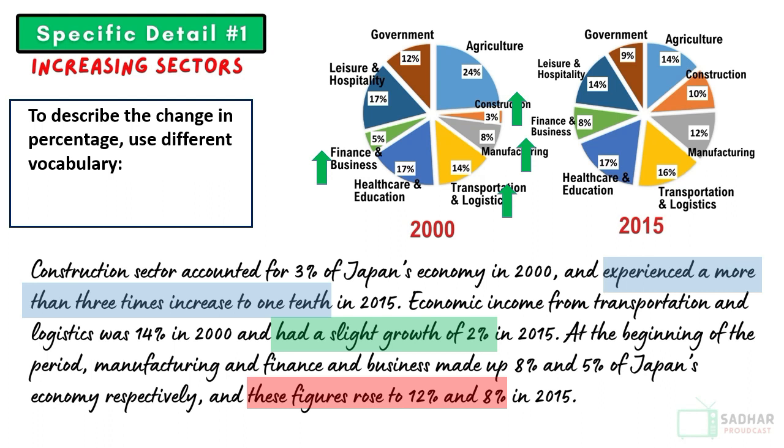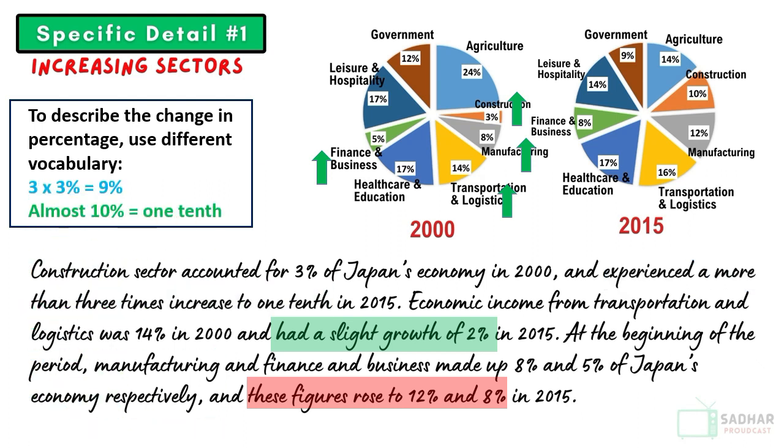For this expression, experienced a more than 3 times increase to 1/10, let's discuss that a bit. So we have the construction sector, which is only 3%. And then I wrote 3 times increase because it increased to 10%.